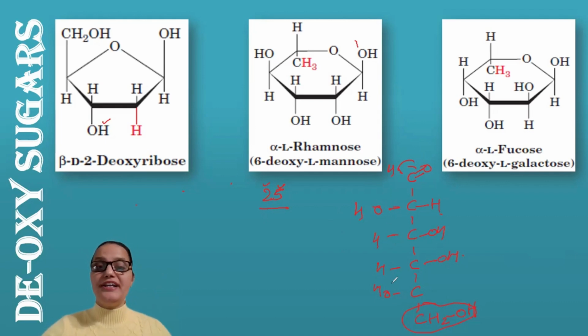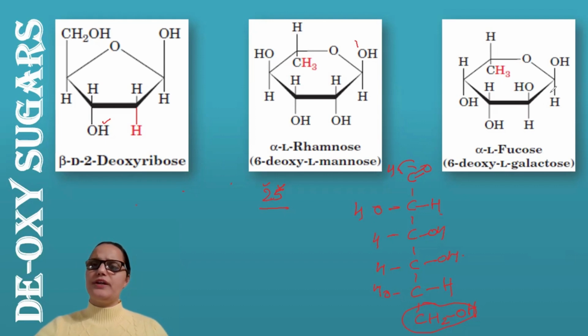Whatever is there on the right-hand side of the carbon skeleton should be pointing downwards on the ring, and whatever is on the left-hand side of the carbon skeleton should be directing upwards on the ring, right?